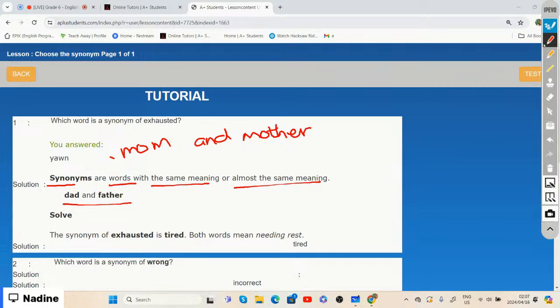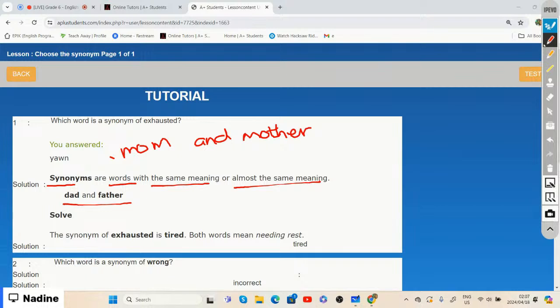If we look at another pair of words that are synonyms, our chapter is synonyms.